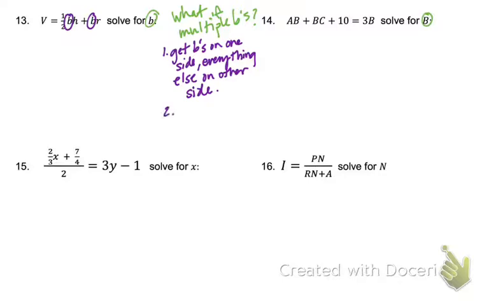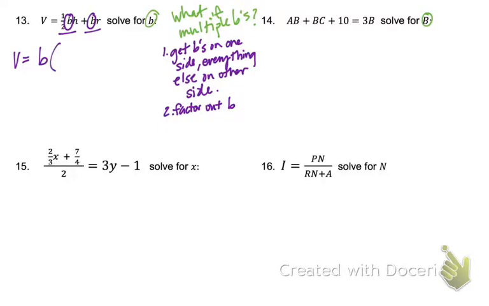Step 2 is I'm going to factor out the indicated variable. So I'm going to factor out b. If I'm factoring something out, it's like they both have that variable in common. So you can look me straight in the face and tell me this term has a b and this term has a b. They both have a b. So what it means to factor that out is I'm going to put a b out in front, parenthesis.